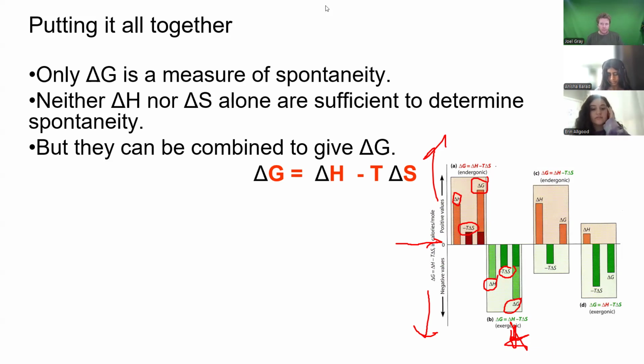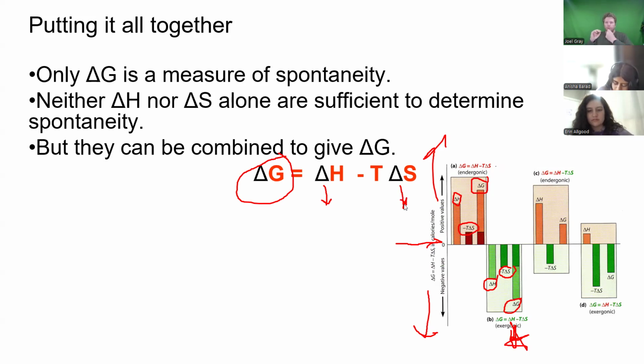To rephrase this, this is what we care about: delta G. We care about whether a reaction is going to be spontaneous or non-spontaneous. We have delta H that says heat is absorbed or heat is released. We have delta S that says, did this system become more or less ordered?